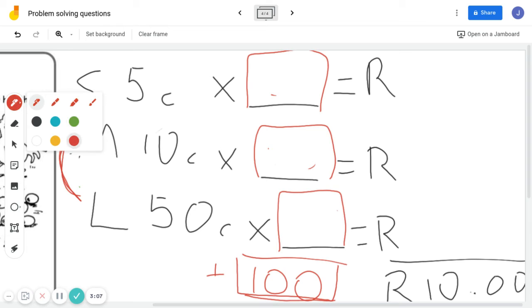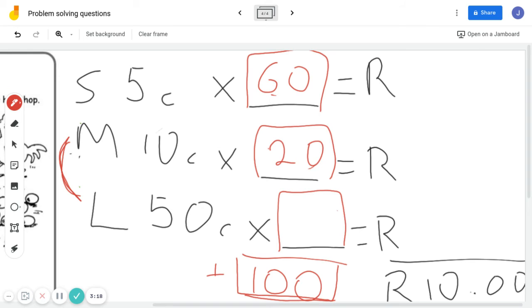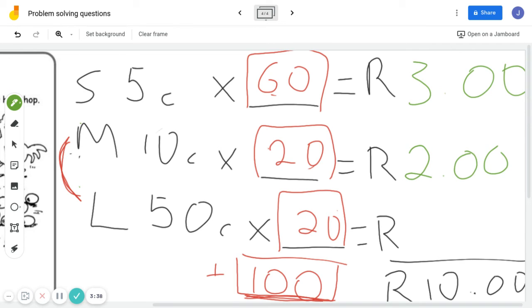So let's take a guess of, let's make this 60 now, which means this one will be 20, and this one will be 20. So 60 plus 20 plus 20 equals 100. So I'm good here. Let's work out the prices. 5 times 60 equals 3 rand. So I pay 3 rand for those 60 small eggs. I pay 2 rand for those. That's good, those two added together equal 5.